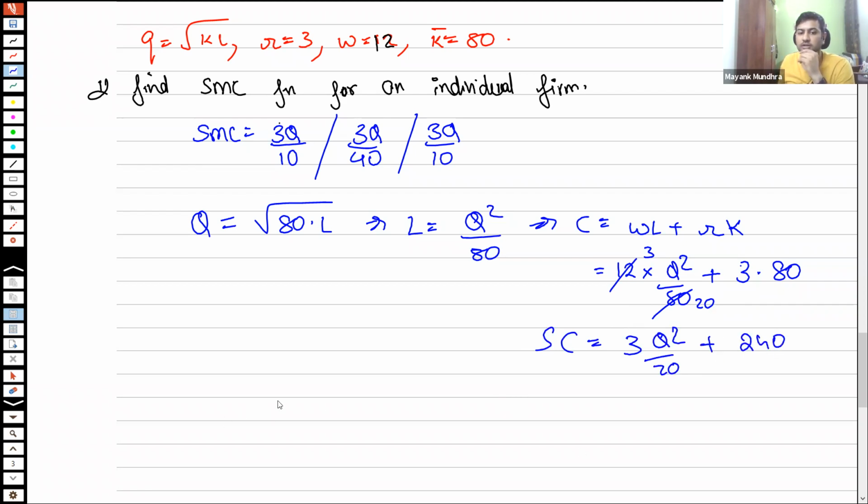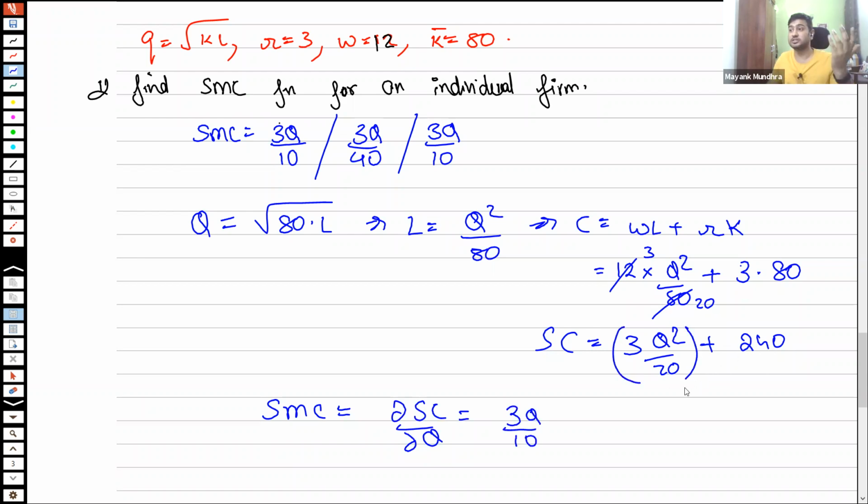Okay, so short run marginal cost equals del short run cost by del Q. That is going to be equal to 3Q by 10. This part is constant, so that drops out. So 3Q by 10 is the short run marginal cost, and in perfect competition, this must be equal to price. So quantity by any individual firm Qi must be equal to 10P by 3.